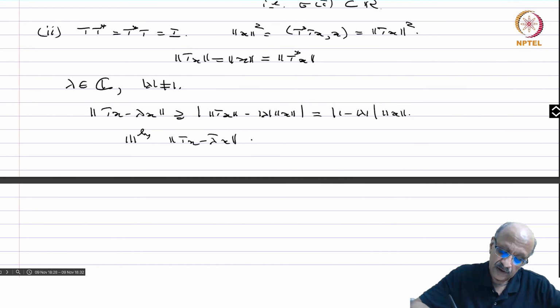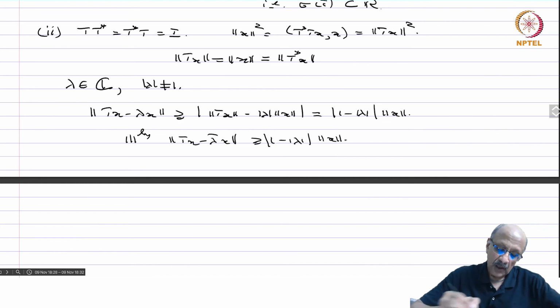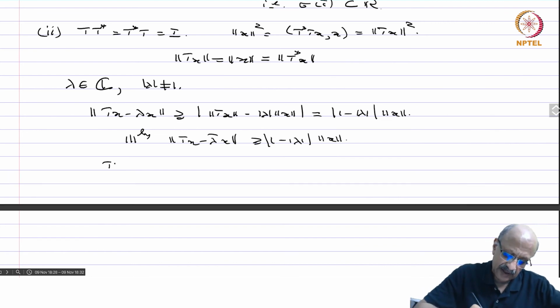So this is also greater or equal to the modulus of 1 minus mod lambda times norm x. So once again, T minus lambda I and T minus lambda bar I, which is nothing but T star minus lambda bar I, which is T minus lambda I adjoint.